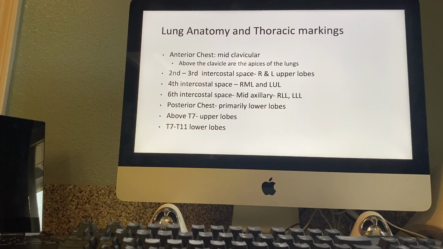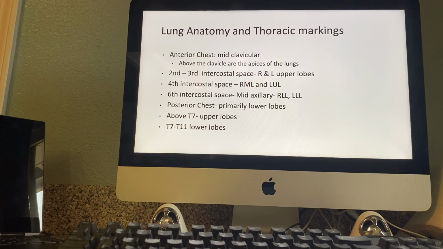Once you get to the 4th intercostal space, and between the 4th and the 5th intercostal space is generally where the nipple area is, we're going to use that as a landmark in a lot of cases to know where we separate the right middle lobe and the right upper lobe. And we're still in the fourth intercostal space on the other side on the left upper lobe, and that'll make sense in a minute.